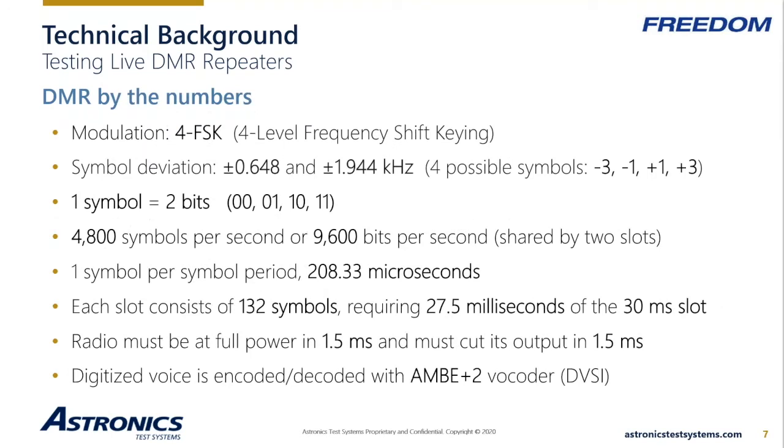What you see here on the screen are some of the technical specifications that are very important for DMR. Although not strictly necessary for testing, I mean, you don't need to know these things to be able to test the system, it's important to have a knowledge of the basic underlying protocol details, because they can provide insights for interpreting your test results.